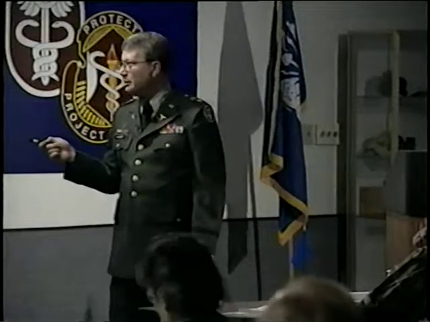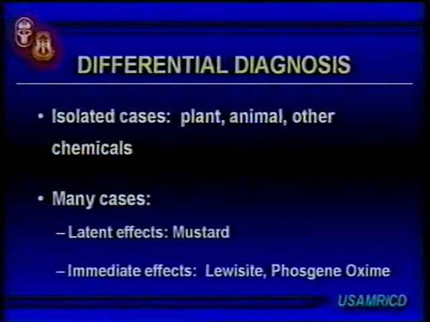Now, in your differential of these blistering agents, if a couple of cases come in and they're not in any real distress, you still can think insignificant things like poison ivy and poison oak. We had a case like this in the Gulf War, but it was a young trooper who was exploring an old Iran-Iraq bunker where mustard had been stored but had been taken out.